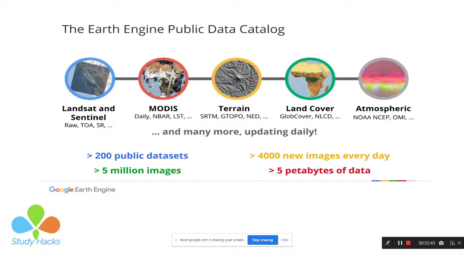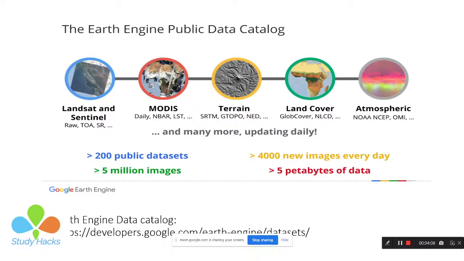This dataset is automatically updated daily. In this catalog, we can get more than 200 public datasets, more than 400,000 new images every day, 5 million images, and more than 5 petabytes of data.